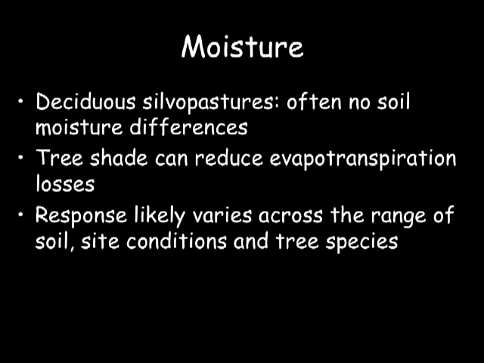The tree shade can reduce the evapotranspiration that's going on because, again, the forage canopy is less stressed, so it's pulling less water out of the system. The temperatures are cooler, and you're keeping more moisture there in the system. So I make the caveat. Again, those responses are going to vary across the range of soil and site conditions and tree species.